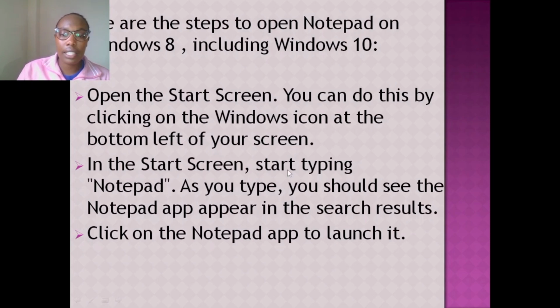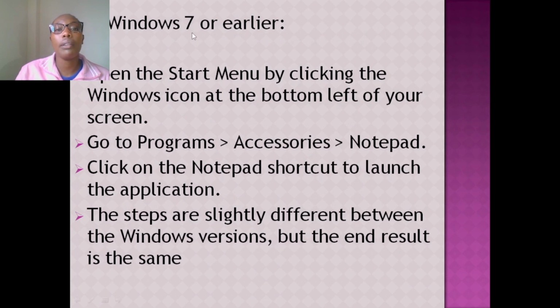And then in the start screen, you type Notepad, and you're going to see the Notepad app appear, and then you launch it. But for Windows 7, you open the start menu by clicking the Windows icon at the bottom left of your screen. You go to programs, and then you go to accessories, and then you'll find your Notepad there. You click Notepad to launch the application. These steps are slightly different depending on which Windows version you are using, but the results are the same.